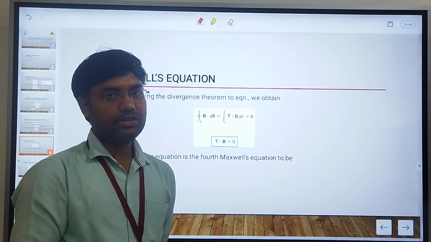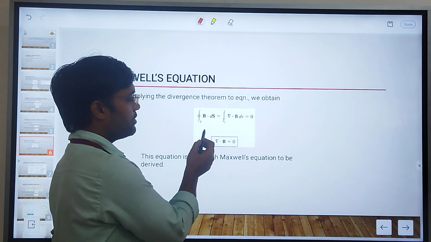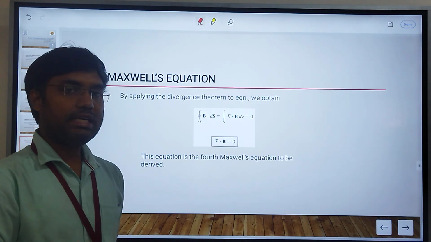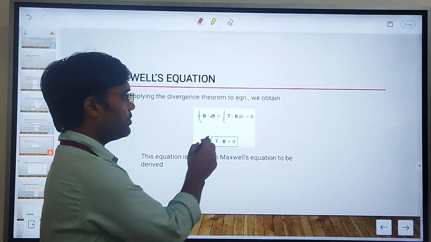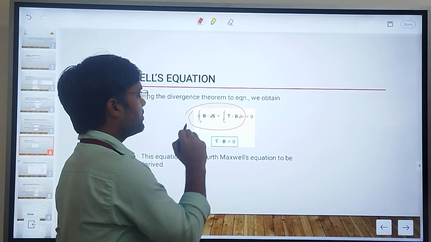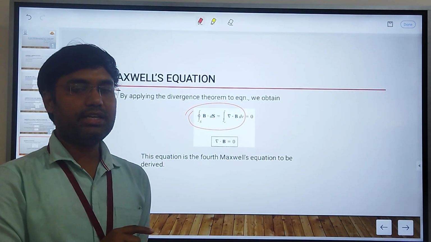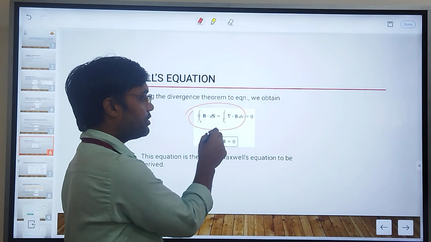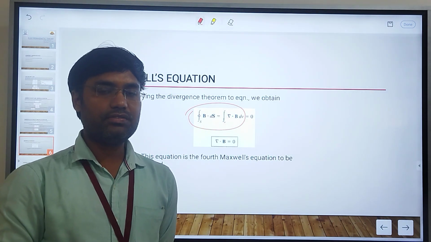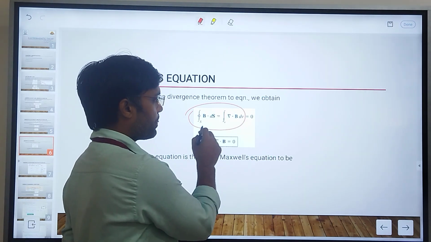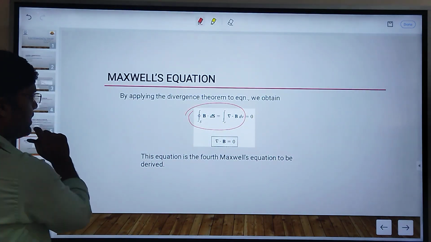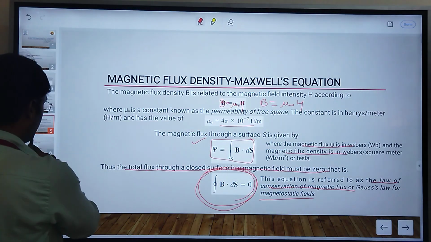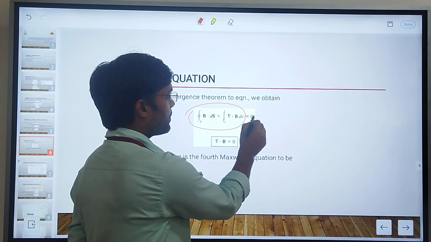By applying the divergence theorem, we know that the surface integral of any vector field is equal to the volume integral of the divergence of that vector. So here is the expression of the divergence theorem. Here we have taken magnetic flux density as the vector. So the surface integral of B dot ds equals the volume integral of the divergence of magnetic flux density. But in the previous slide we found that the surface integral of B dot ds equals 0, so we put 0 here.